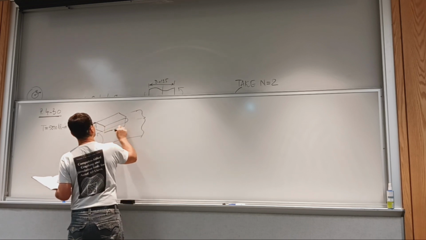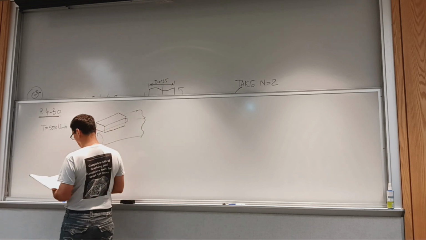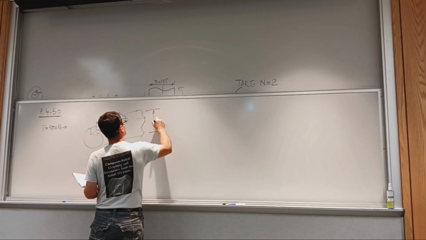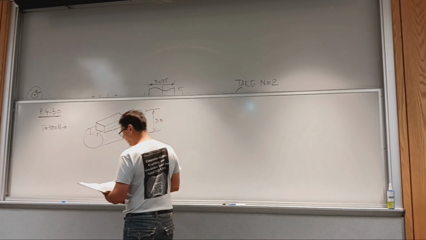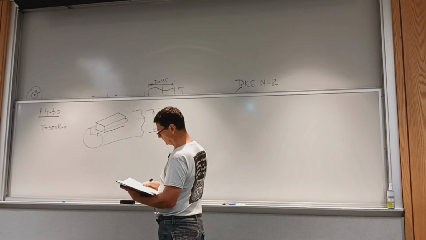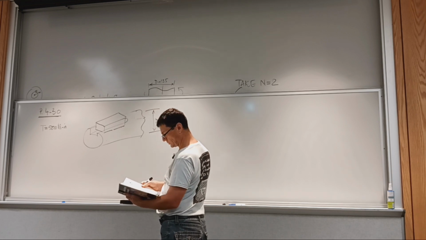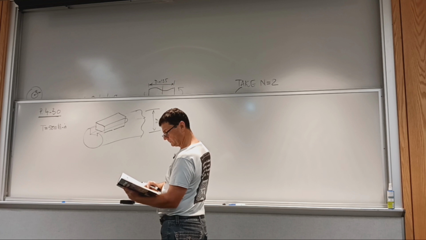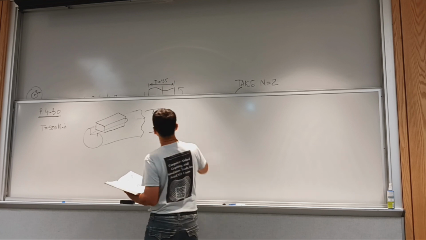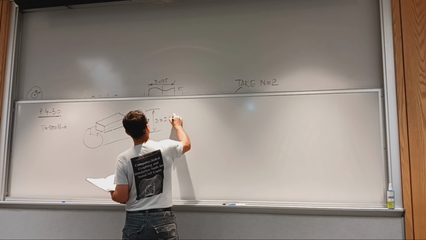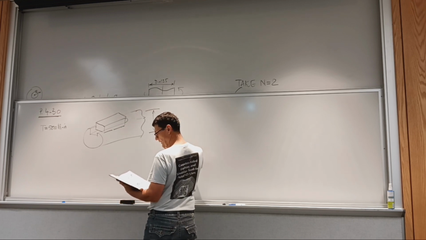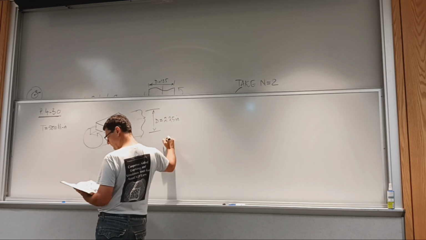So we have a torque transmitted. We know the diameter of the shaft, 2.25 inches. And the key is square, and it's 0.5 inches on a side.